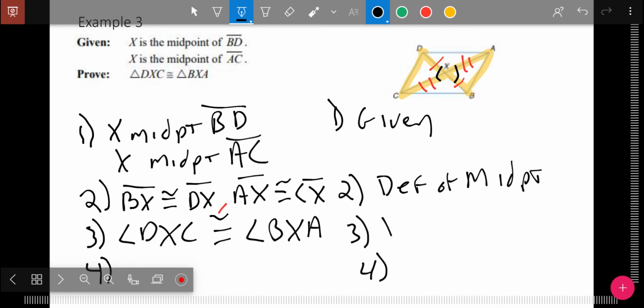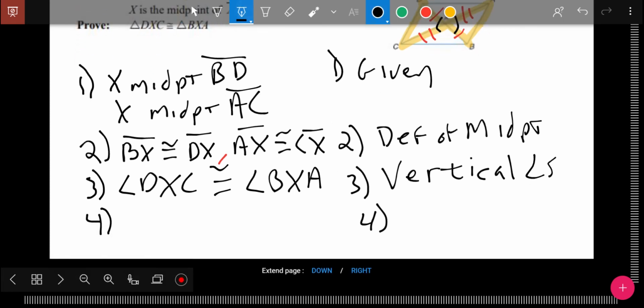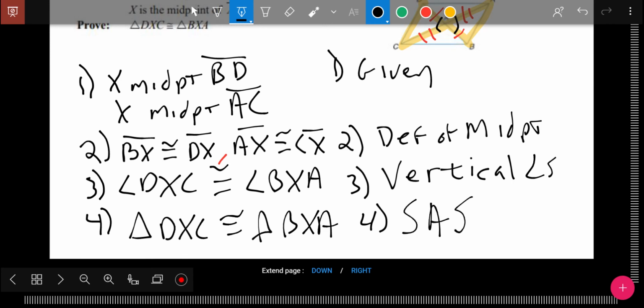And if you said they were vertical angles, then you are on the path of success. And so now I have enough to say triangle DXC is congruent to triangle BXA because side, angle, side congruence.